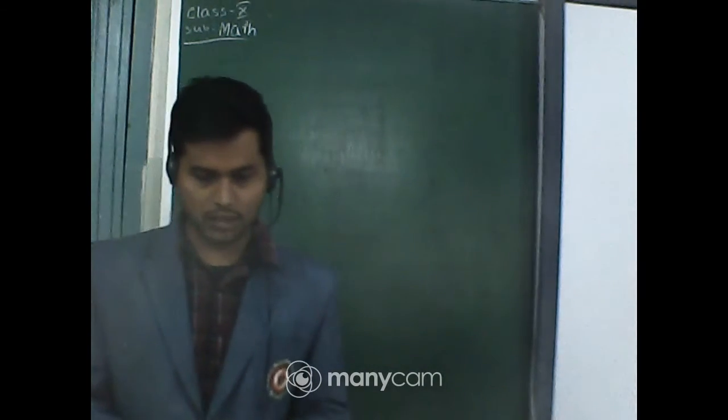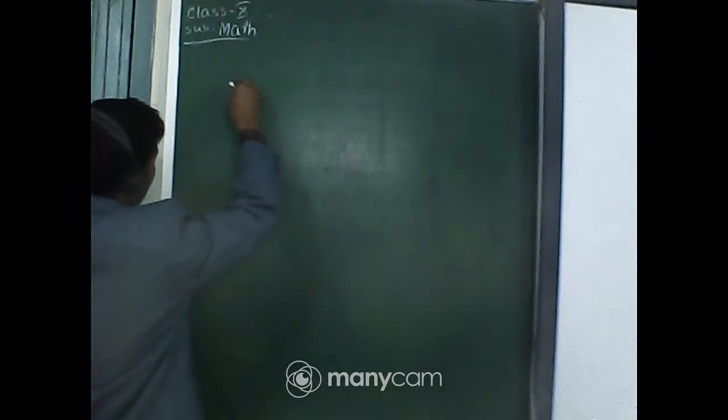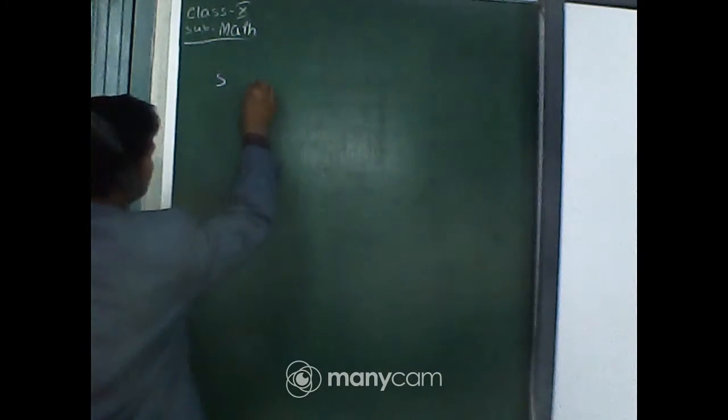Okay, so look, in the previous class I told you the classical definition of probability. I am just reminding you once again. Let S be the sample space and A be an event of that sample space.